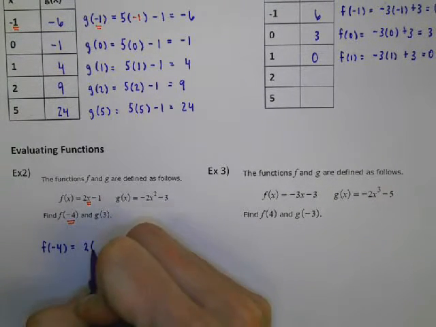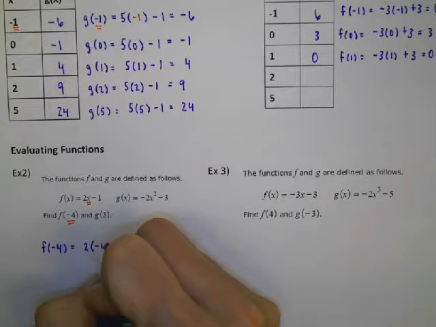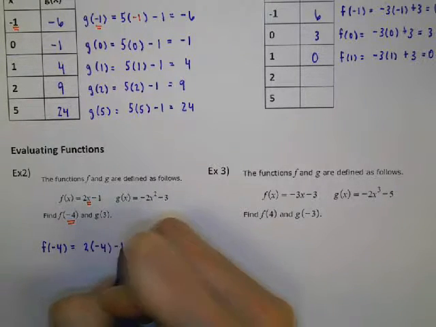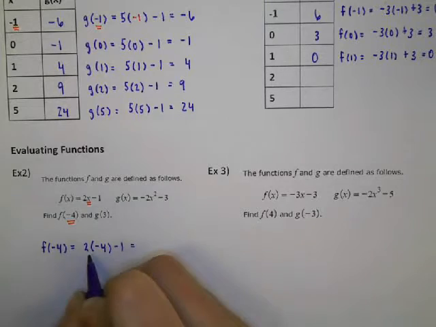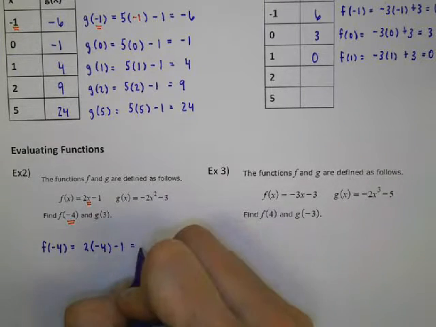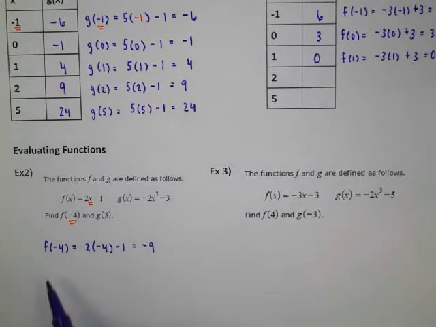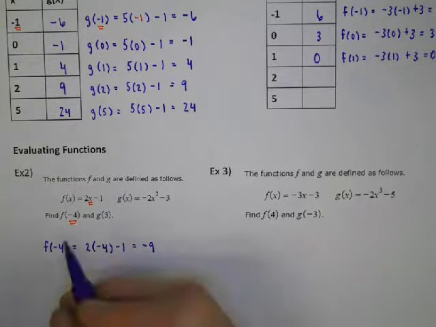So now I'm going to take 2 times my x, which is replaced with a negative 4, minus 1. And so negative 4 times 2 is a negative 8, minus 1 is a negative 9. So f of negative 4 is equal to negative 9.